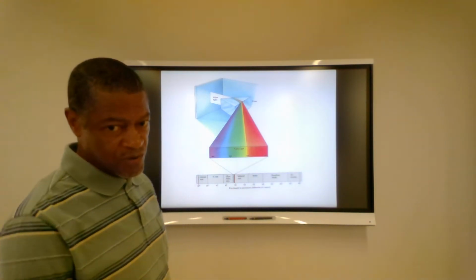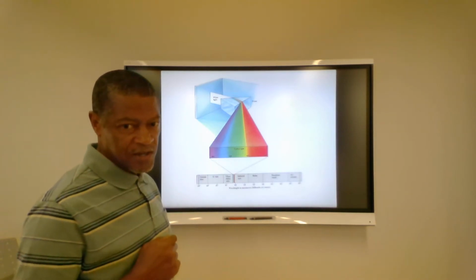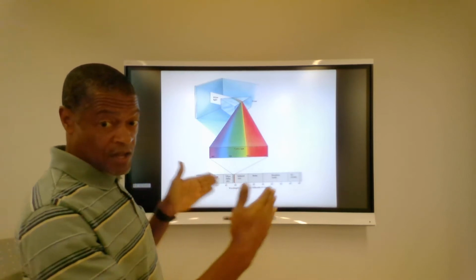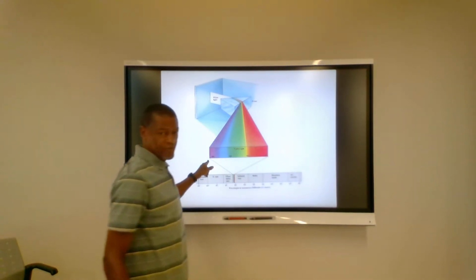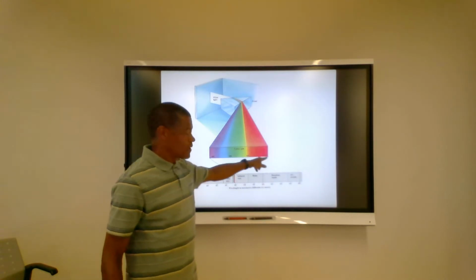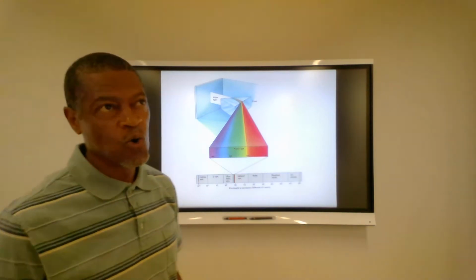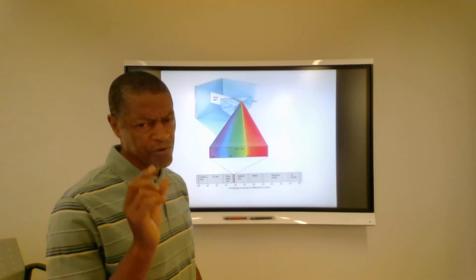Where you see those colors, those are the visible lights that we see. Those are the photons of energy that we detect. The measurement in that span is about 350 nanometers to about 750 nanometers. Nano, N-A-N-O, means billionth of a meter. Really small.